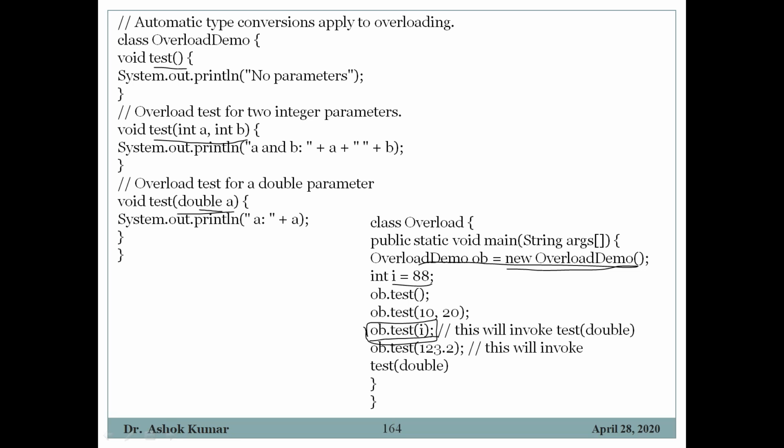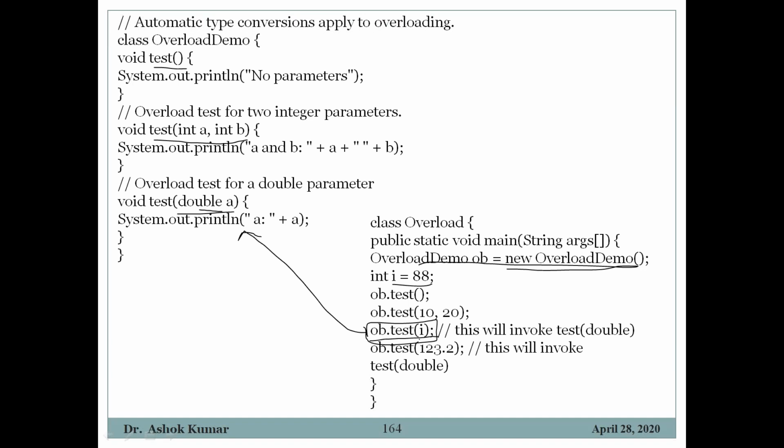So the actual parameter is an integer. It can be converted to double implicitly. So that means Java will call this method, right? So in case of method overloading, if you are calling the method with some different data type, and that data type can be automatically converted to a parameter type for which a method is there in the class, then that method will be called.